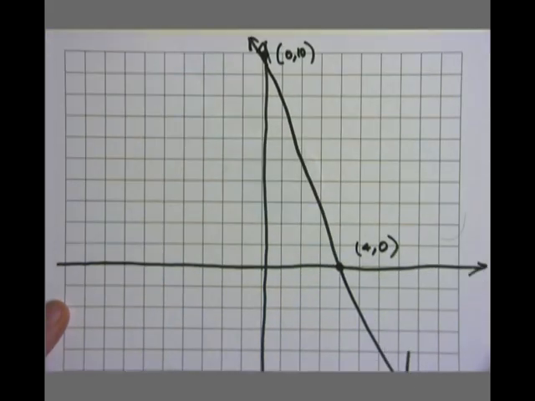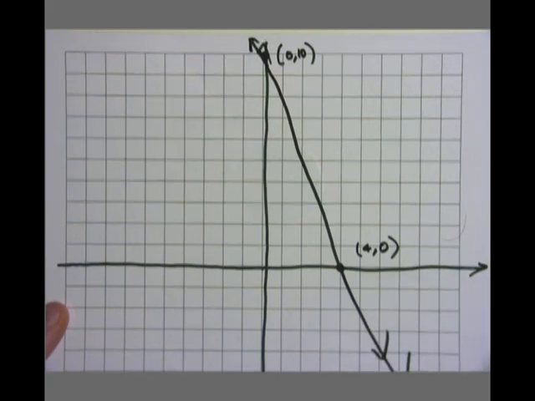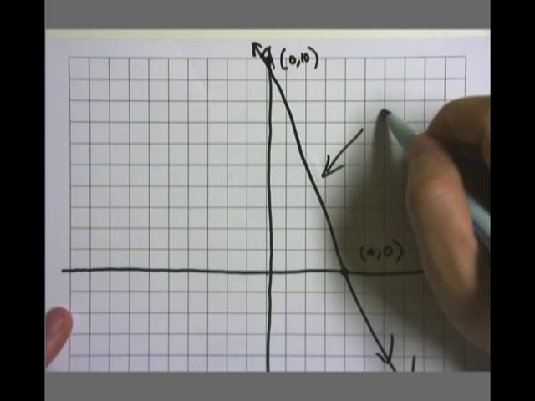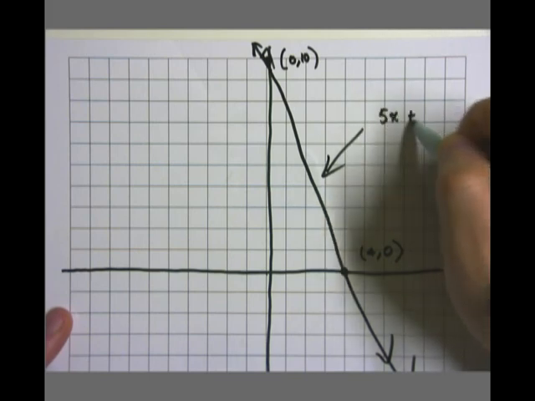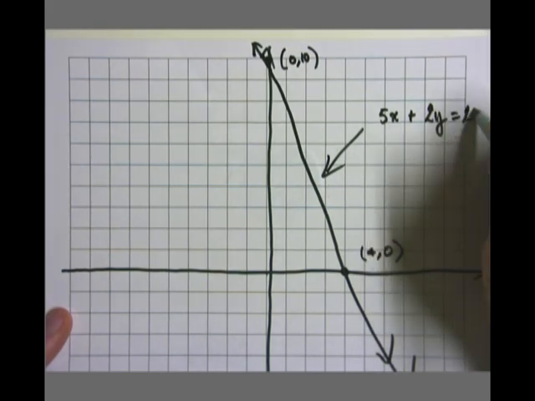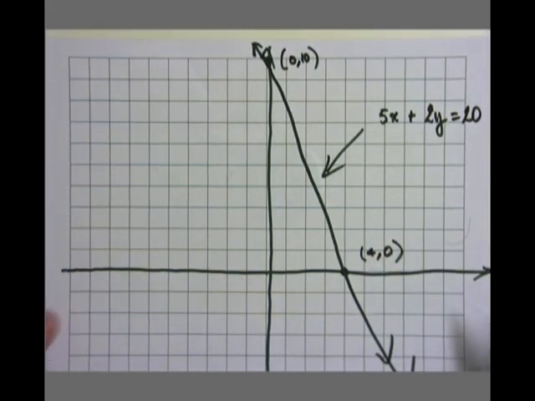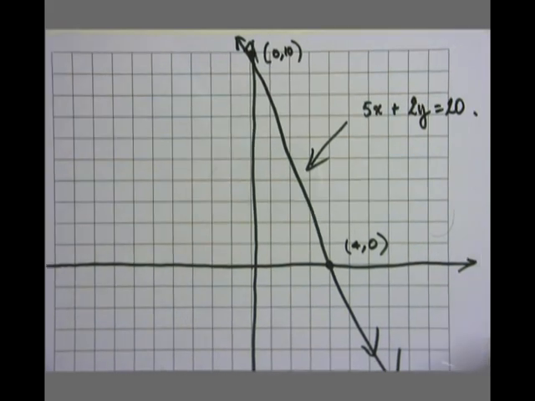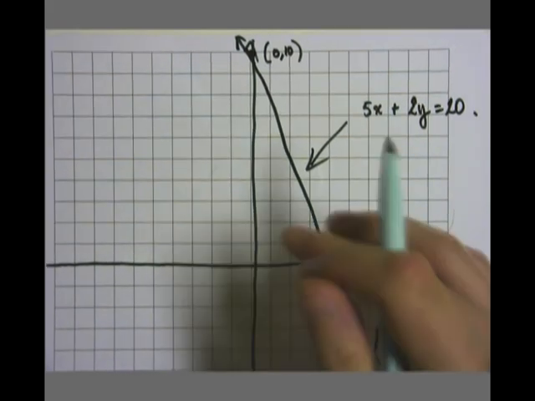And that's how we graph the equation. So this equation that I just graphed is the graph of the equation 5x plus 2y equals 20. So that's one basic technique for graphing a linear equation in standard form by plotting the intercepts.